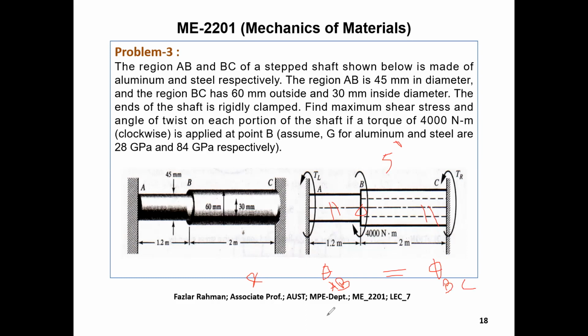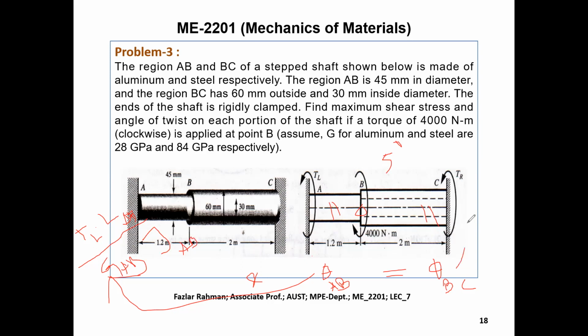Now theta AB will be how much? This will be TL, the length of AB, divided by G of AB into J of AB.